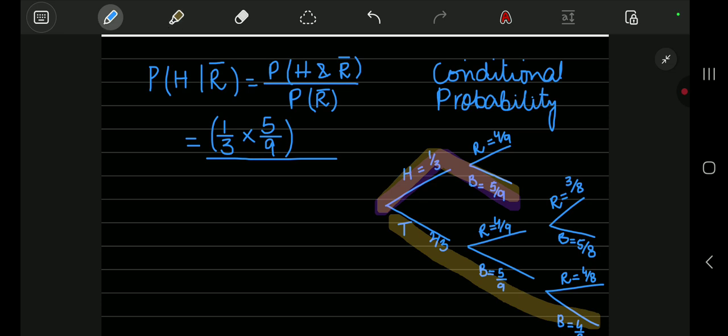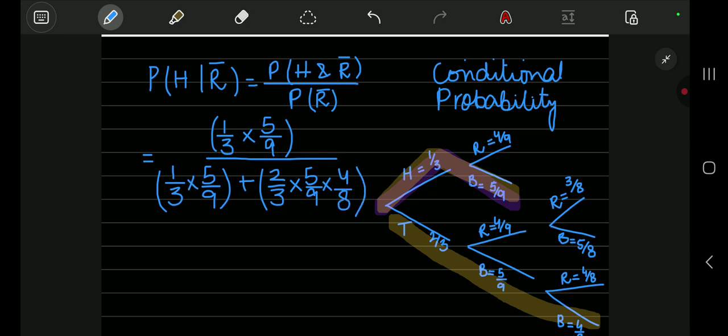So firstly we had this branch, so write that up. Head and blue would be 1 over 3 times 5 over 9 plus 2 over 3 times 5 over 9 times 4 over 8.